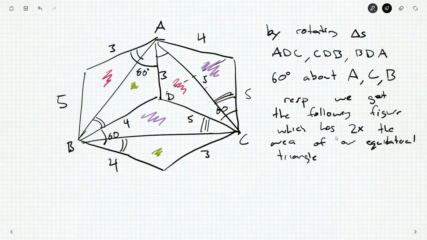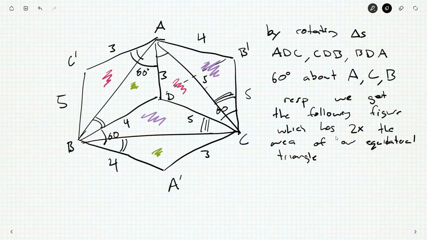Okay, as I've mentioned, I'm going to call this point C prime. This one here is B. No. Yes. No. This is A prime. And this has got to be B prime.